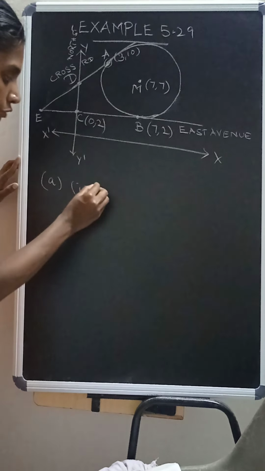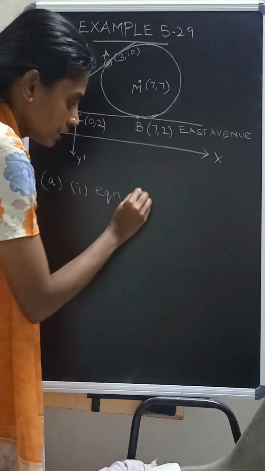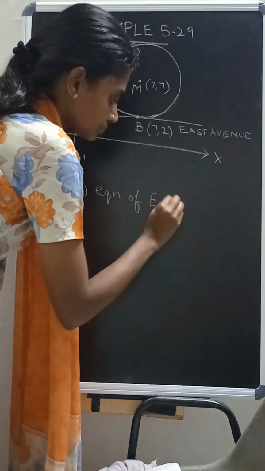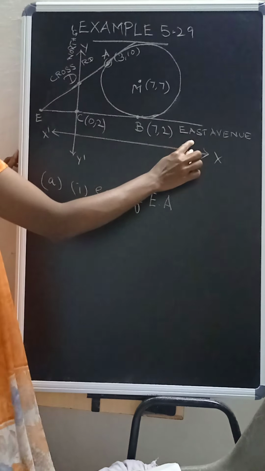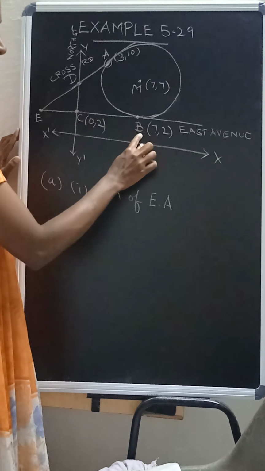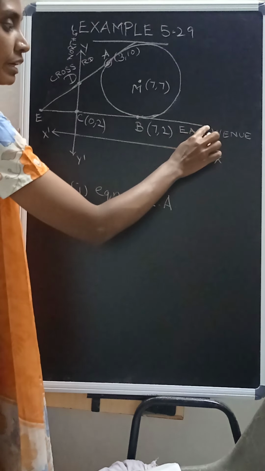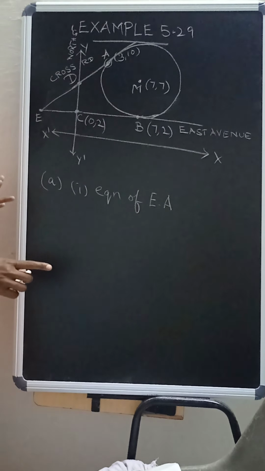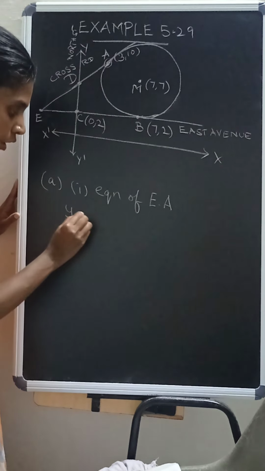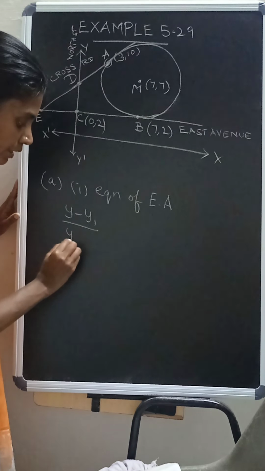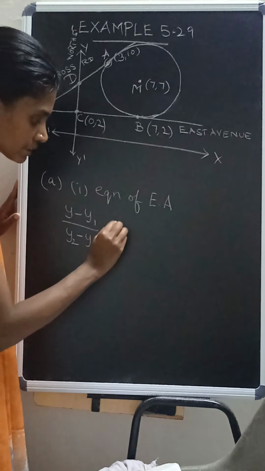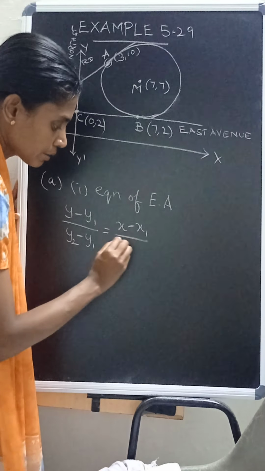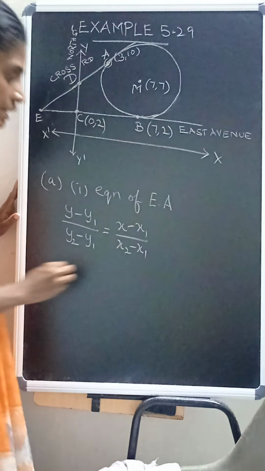They are asking you to find the equation of East Avenue. So East Avenue is here. You can see 2 points are given. Now you need to find the equation of this line. When 2 points are given and they ask for the equation of the straight line, what is the formula? (y minus y1) by (y2 minus y1) is equal to (x minus x1) by (x2 minus x1).